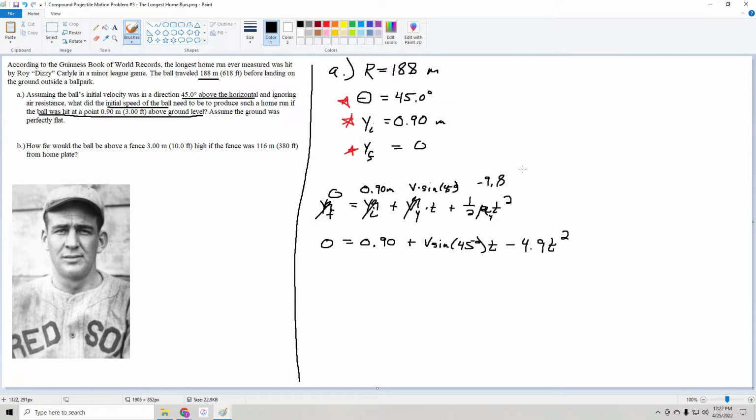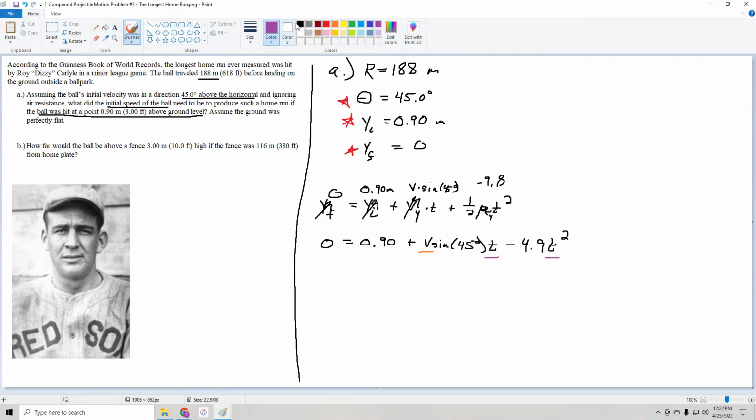Now, unlike in the previous problems, we would normally have the initial velocity at hand, and we would approach this as a quadratic expression in t. But notice we have two unknowns here, and I will underline them specifically. We have the v that we're trying to solve for, and we also have t. Well, we don't know the time that it takes for the ball to return to the ground. So let's go ahead and try to get that from another equation.